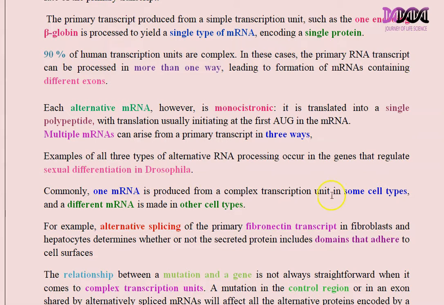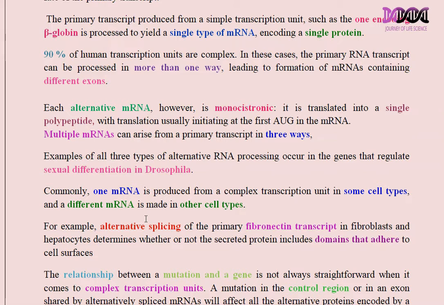For example, consider the fibronectin transcript, the primary mRNA of the fibronectin protein in fibroblast cells as well as hepatocytes. The alternative splicing mechanism determines whether the cell surface binding domain is included or not.